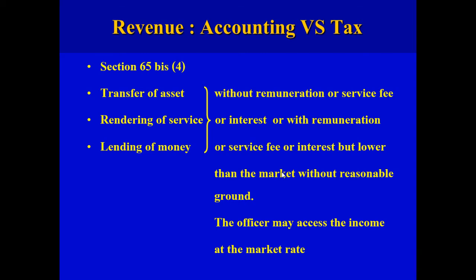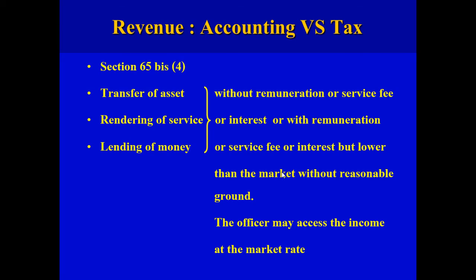So in my accounting book, I have income of 5,000 baht because I charged them only 5,000 baht. But in fact, for the calculation of the taxable profit, under this condition, my net profit should be affected by the revenue of 10,000 baht.